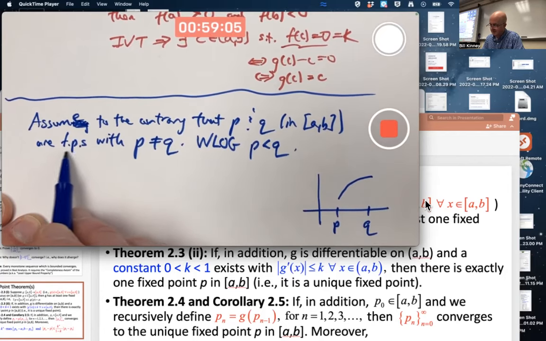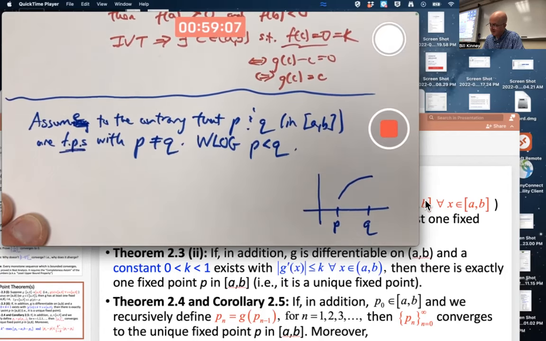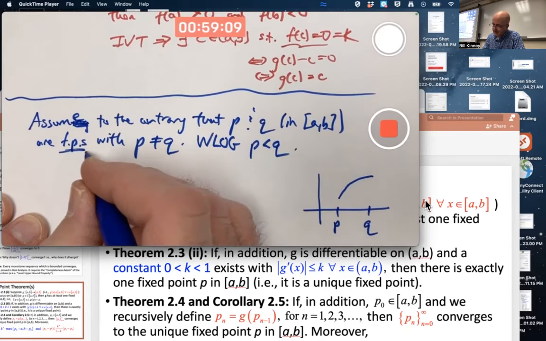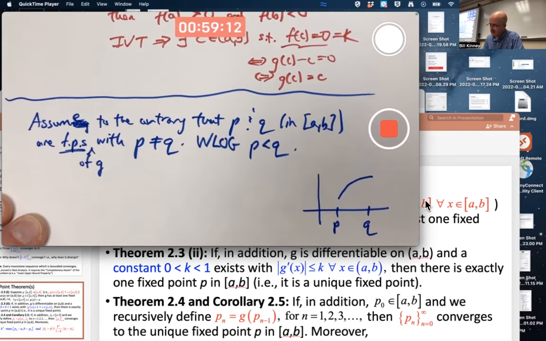Fixed points of G. With the mean value theorem, you've got a function that's continuous on some interval and also differentiable on that interval, or you can get away with differentiable on the open interval from P to Q. You don't have to include the endpoints.